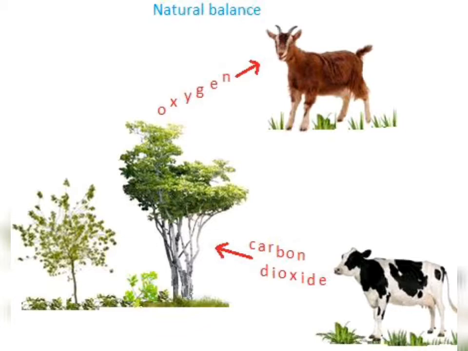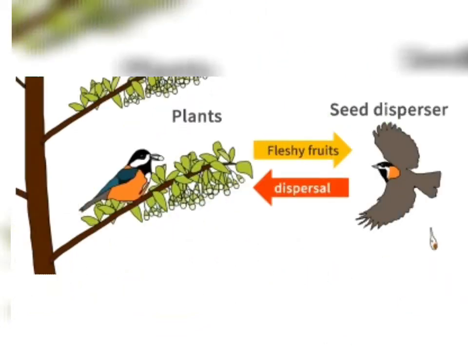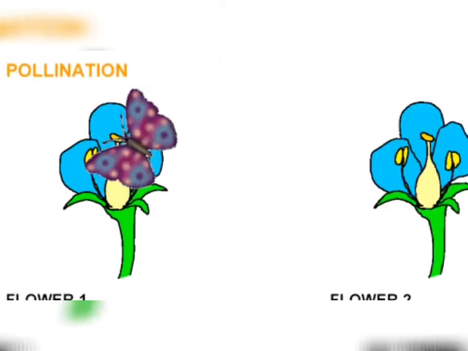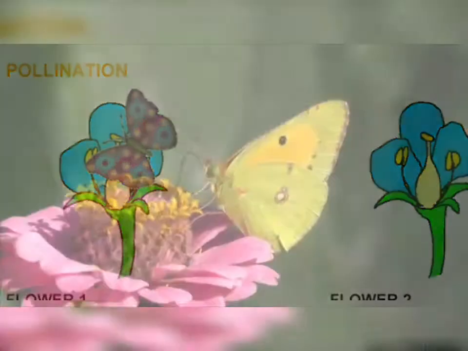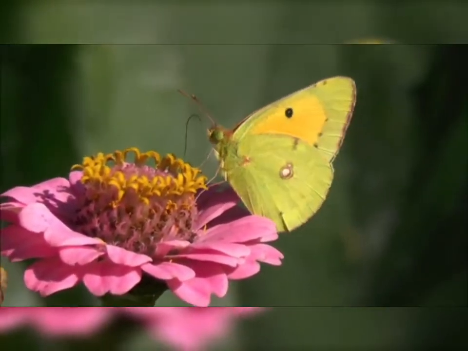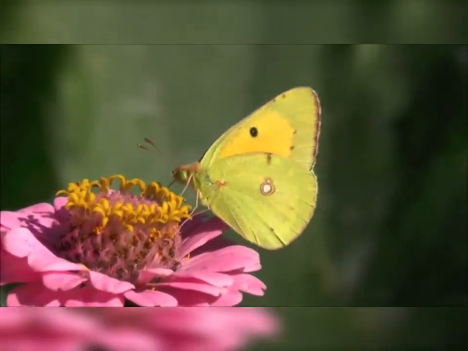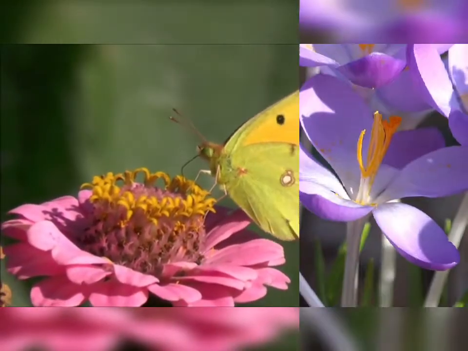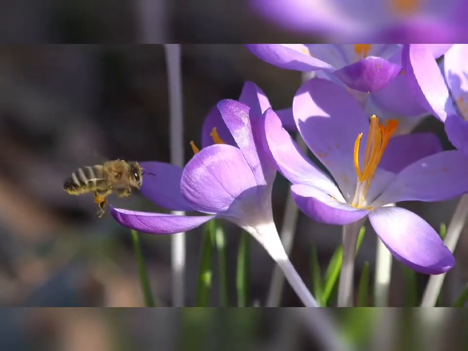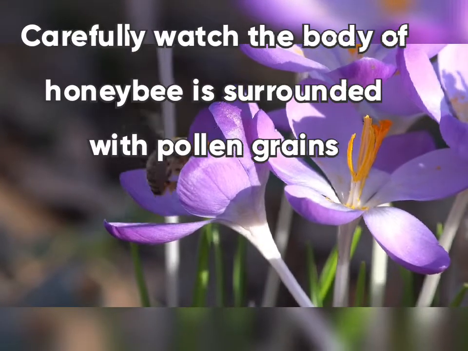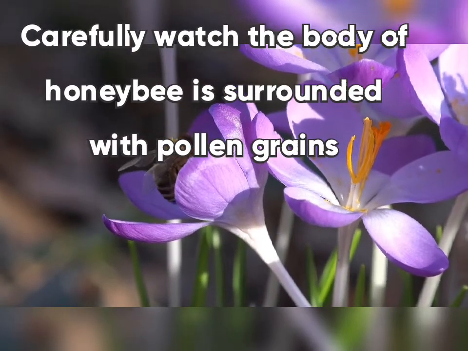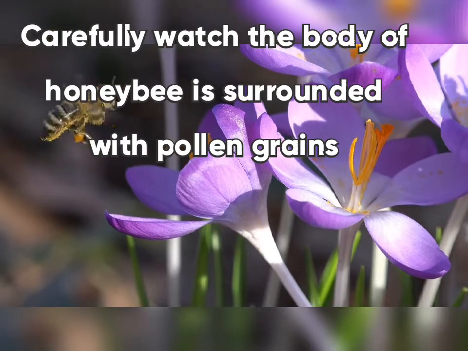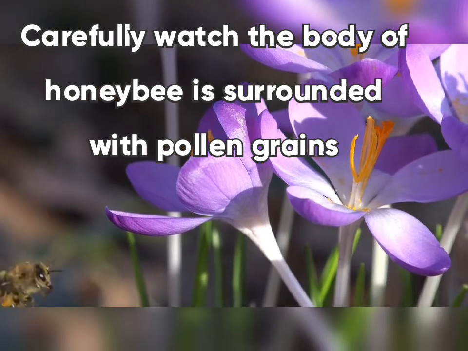Another thing is that plants depend on animals in order to reproduce. That is seed dispersal, which we have already discussed in the first part of this chapter, and flower pollination. Animals such as butterflies, honeybees, wasps and houseflies help the plants in reproduction by pollinating flowers. And you know what is flower pollination? That is to transfer the pollen grains from one flower to another flower.